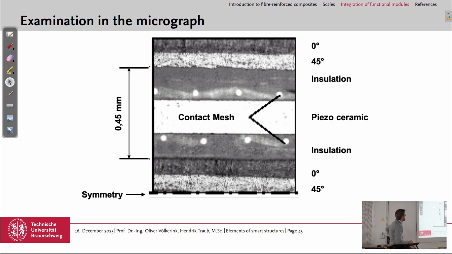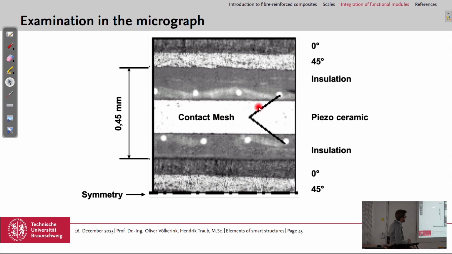How did it look in a micrograph? So this is 0.45 millimeters. We have here the plies from the fiber composite, the 45-degree ply, and here is the 0-degree ply. With again here a 45-degree ply and a 0-degree ply, and here in the middle is the functional element.